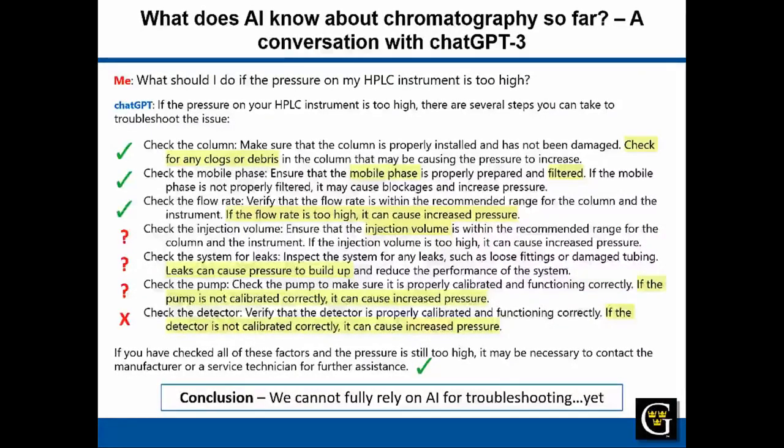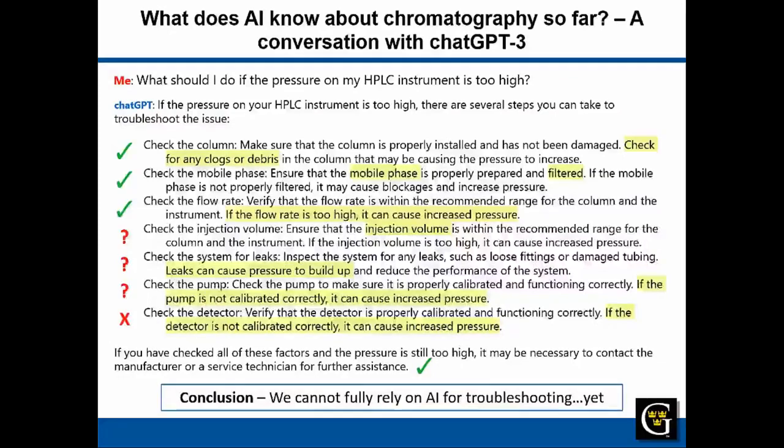Second one is check to make sure that the mobile phase is properly prepared and filtered. This is also reasonable. Third one is check to see if the flow rate is too high. This can lead to increased pressure, and certainly that is the case. If we forget to use the proper flow rate, then we could experience a pressure that is higher than we expect. But then after that, things get a little bit questionable.